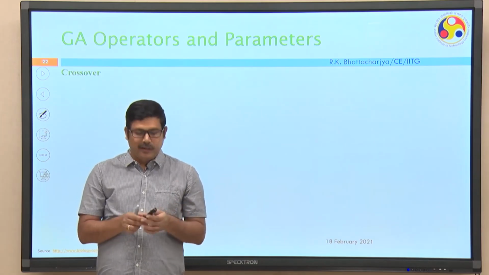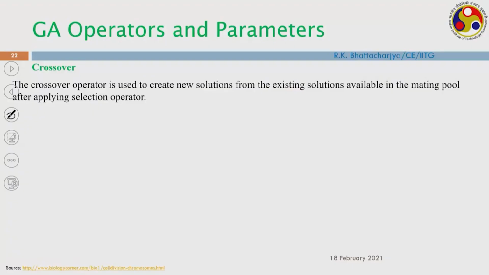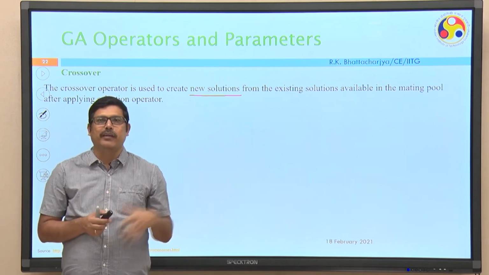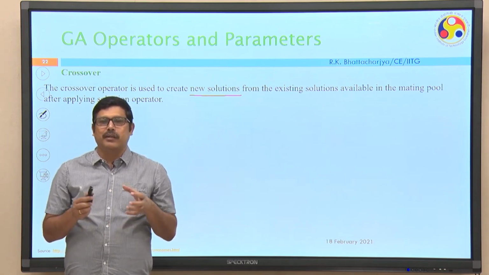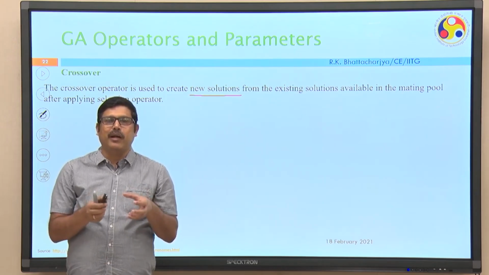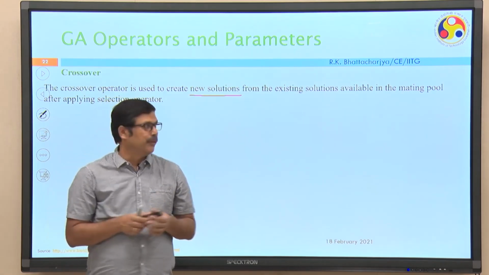So, I will explain the crossover operator now. As I said, the crossover operator is used to create new solutions from the existing solutions available in the mating pool after applying the selection operator. So, what is the mating pool? The mating pool is whatever solutions you get after applying the selection operator, and we can apply the crossover operator on those solutions.